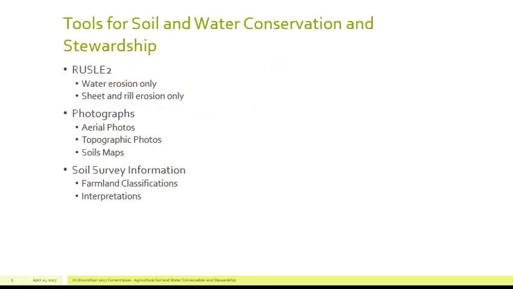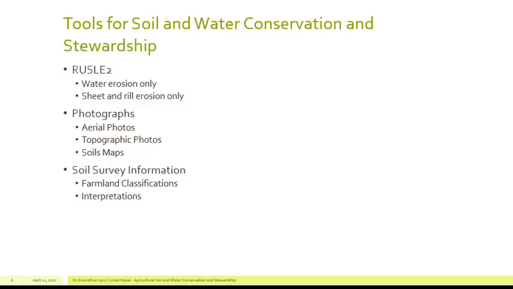We have a lot of tools that we use to determine our resource concerns and to predict how well any of our best management practices will affect that resource concern. Some of the more important tools that we have is our RUSLE2 program. Now RUSLE2 only assesses water erosion.